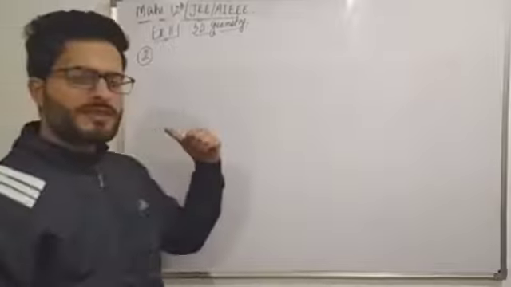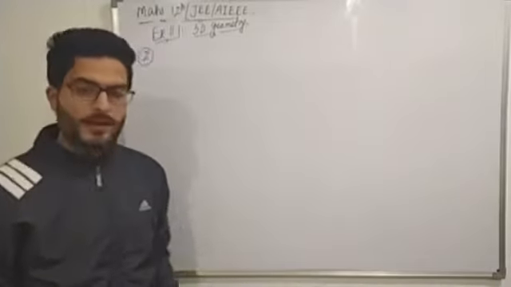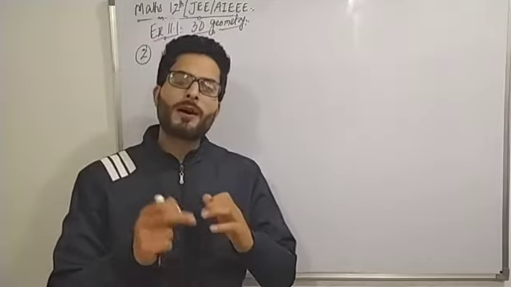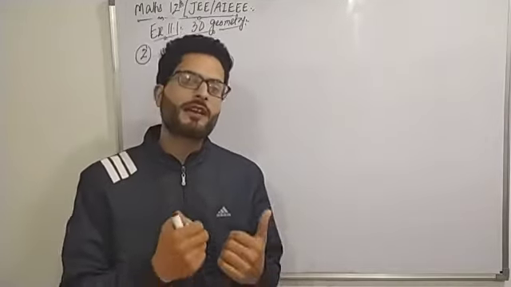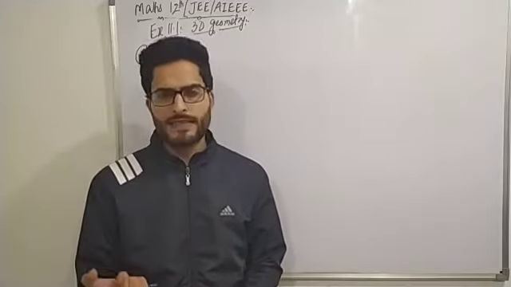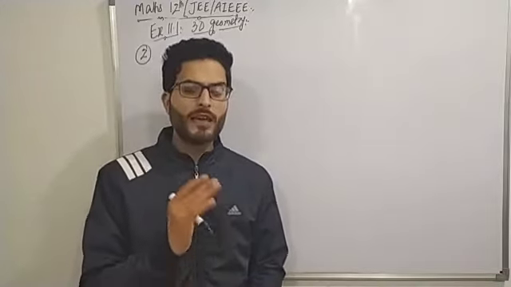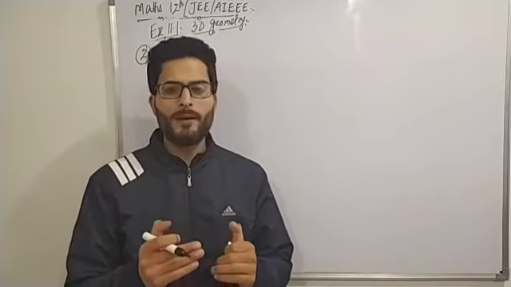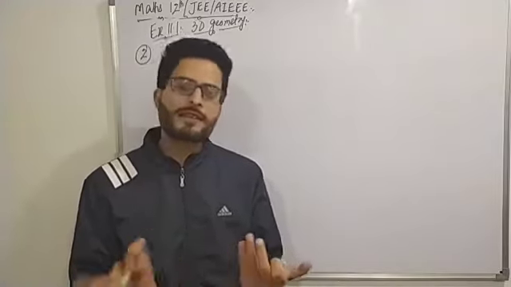Now we are on question number second of the same exercise, and in that question number second we have to actually find the direction cosinus of that line or direction cosinus of that vector which is making equal angles with the coordinate axes. So if it is making equal angles with the positive direction of coordinate axes, then the direction angles here would be same.